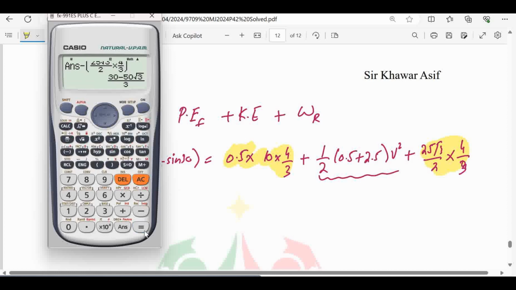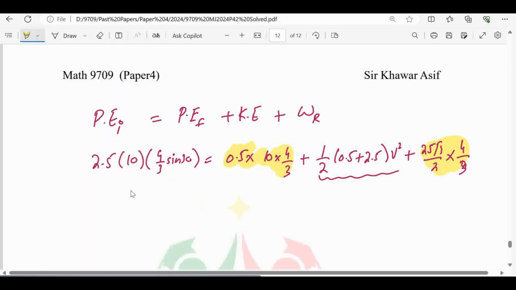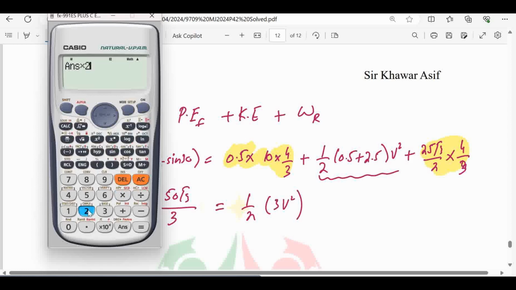So this was another 30 minus 50 square root of 3 by 2. So 30 minus 50 square root of 3, whole divided by 3, equals 1 by 2 into 3v square. So we can multiply it with 2, and then divide it by... okay, what was the previous value?